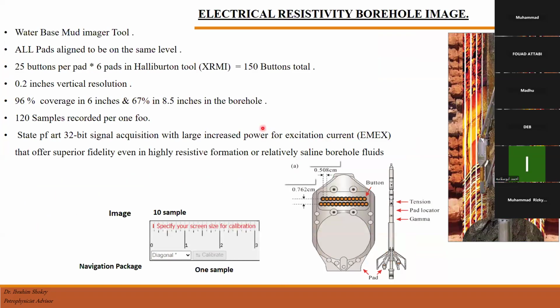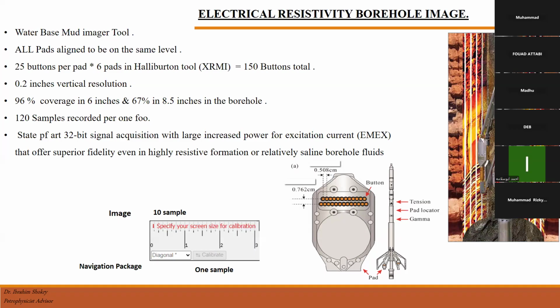So going to our category for electrical resistivity tools, in the category of wireline imaging tools, we are dealing with tools such as the XRMI tool. In this tool, we have 6 pads. Each pad has 25 electrodes mounted on each arm.